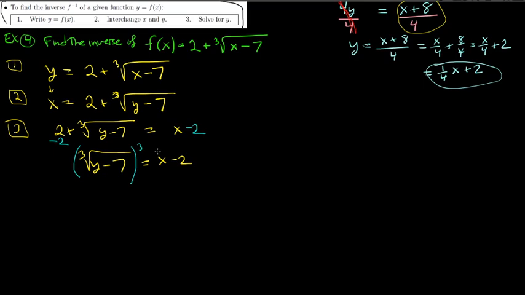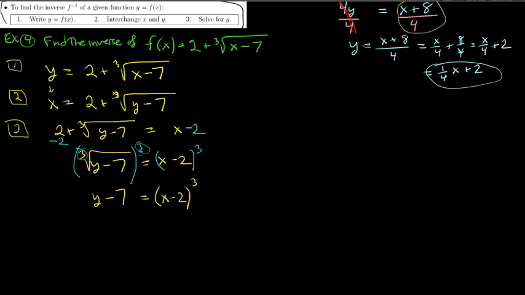You raise it to the power 3. Now, if I do that to the left side, I got to do the exact same thing to the right side. Raise both sides to the power 3. So in some sense, that undoes the cube root. So when you undo the cube root, you are just left with y minus 7. And on the right side, we no longer have x minus 2. We have x minus 2 to the power 3.